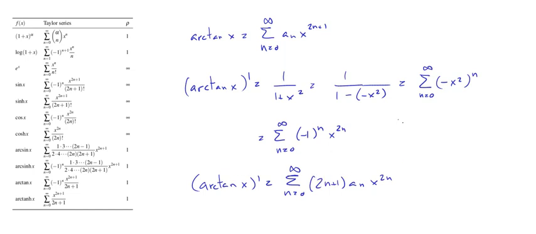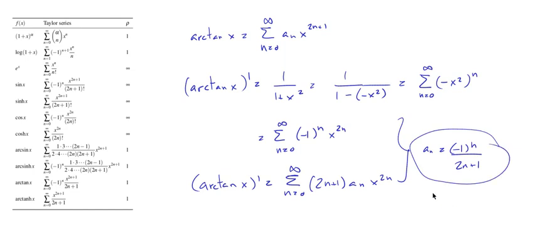So now we can equate these two things, and we have that a sub n is minus 1 to the n divided by 2n plus 1, which is what we have here. See how we can find the series of some functions without finding all the derivatives of this function and evaluating them, right?